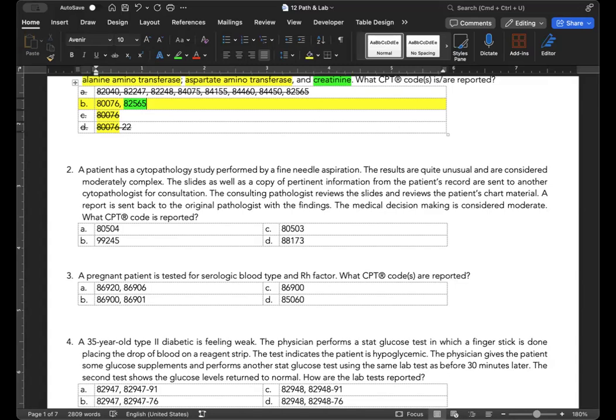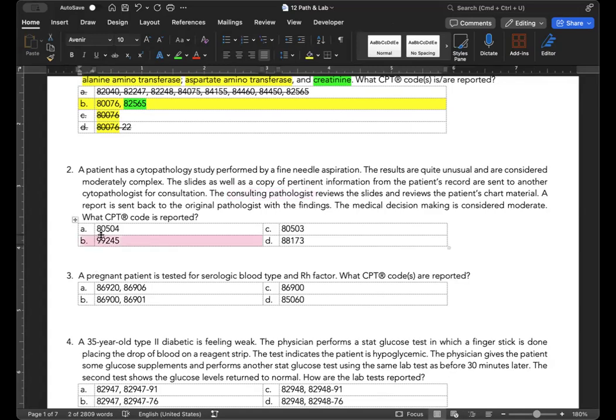Okay. So right off the bat, we can eliminate one code because we know that this is a pathology consultation, not a consultation in an office setting.